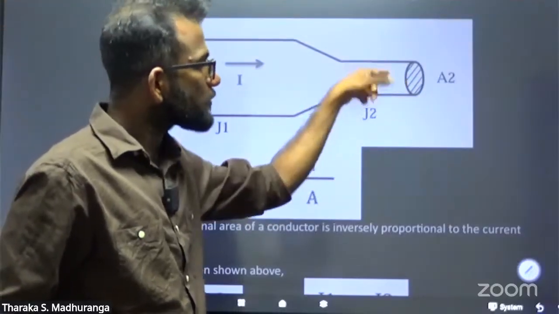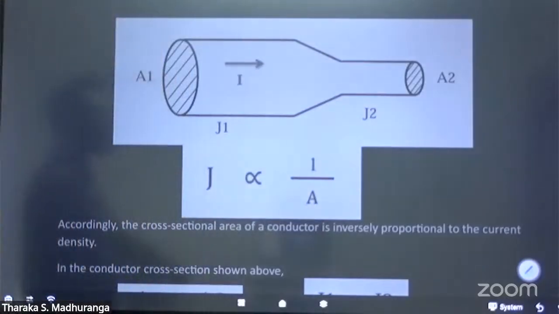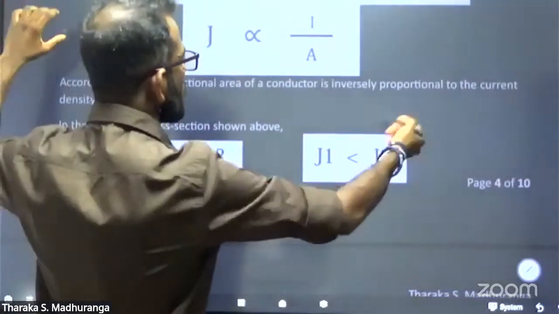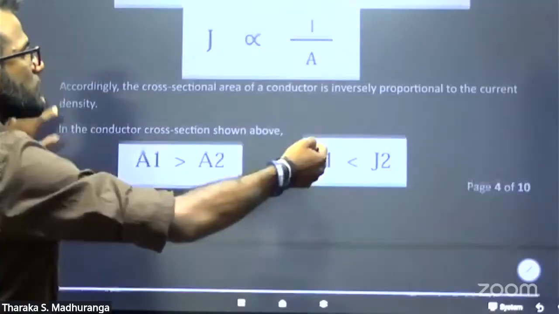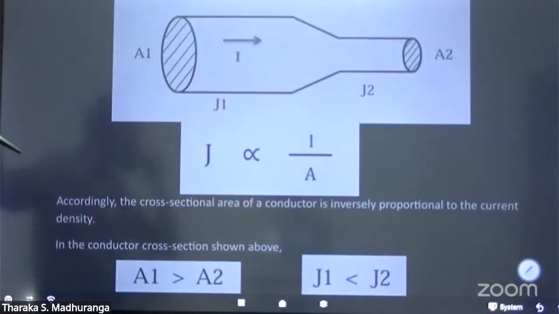Current density is decreasing with large cross section area and increasing due to low cross section area. It is given here, rho 2, current density 2. This side it is increasing due to low cross section area.